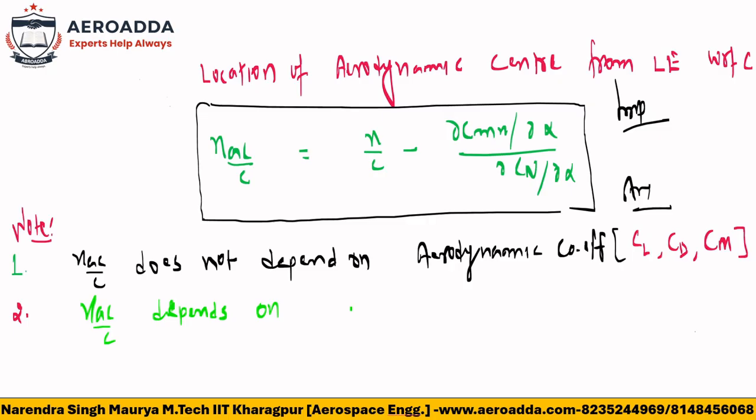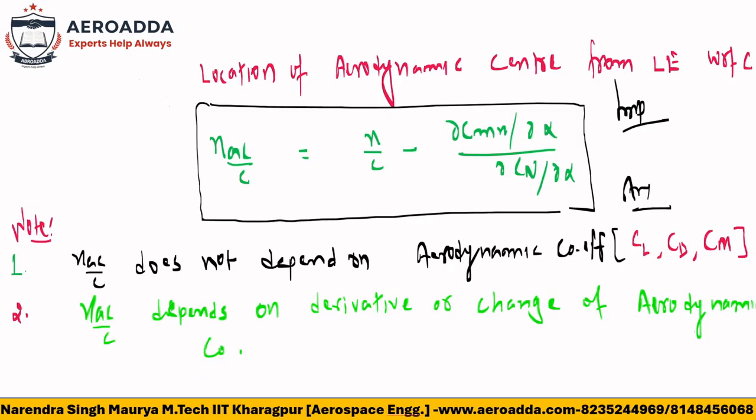I told you at the start, labeling what a change is. So the aerodynamic center does not depend on the aerodynamic coefficient, but x ac by c depends on the derivative, or change, of the aerodynamic coefficient with respect to angle of attack.